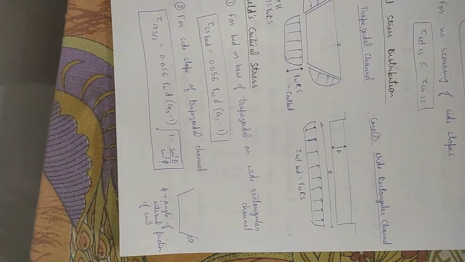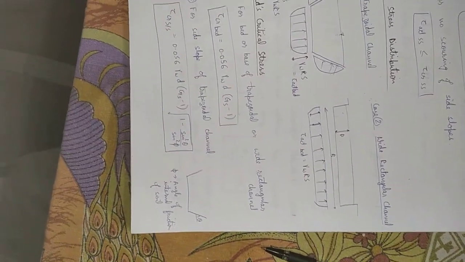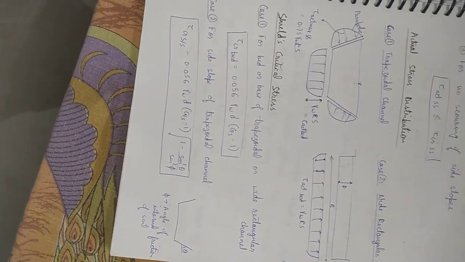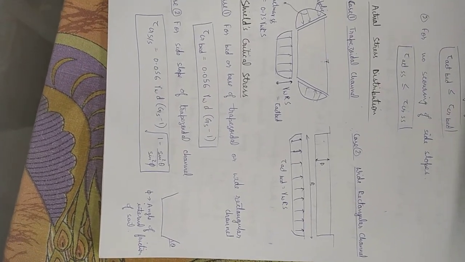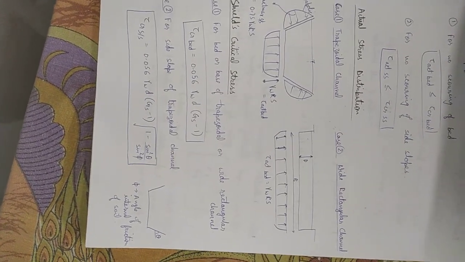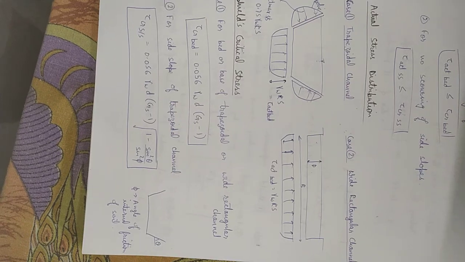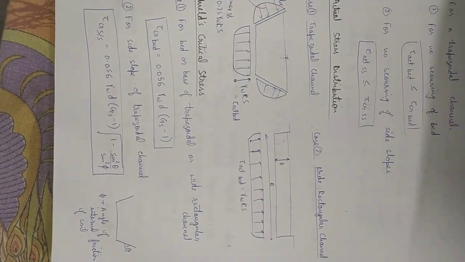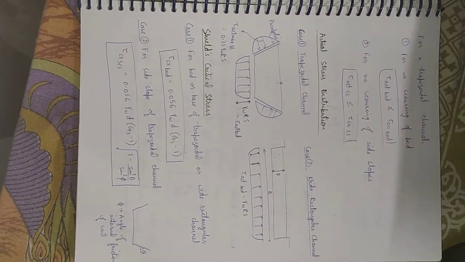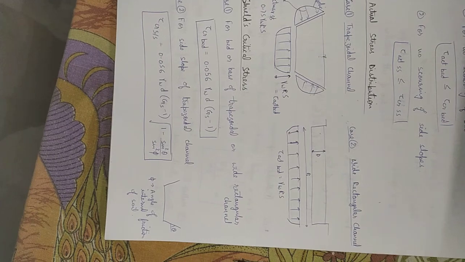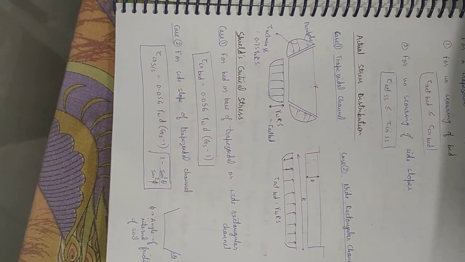And in case of wide rectangular channel, the side slopes exert negligible shear resistance, whereas the actual shear stress on bed is given as the same as for trapezoidal section, that is gamma W RS.